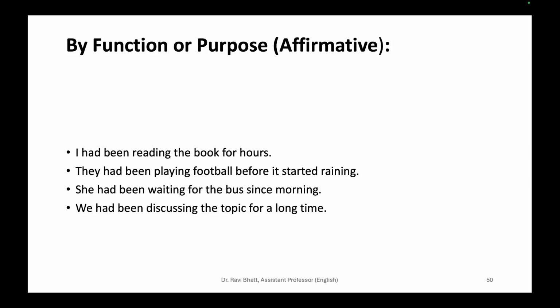Now, on the basis of function or purpose: I had been reading the book for hours, or say, they had been playing football before it started raining, or perhaps she had been waiting for the bus since morning, or say, we had been discussing this topic for a long time. All right.